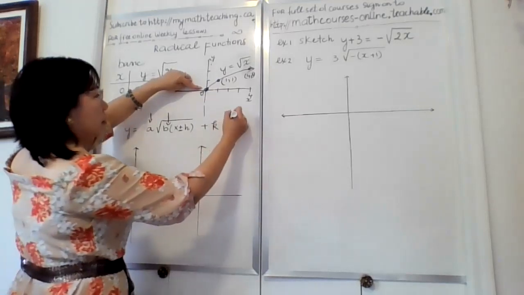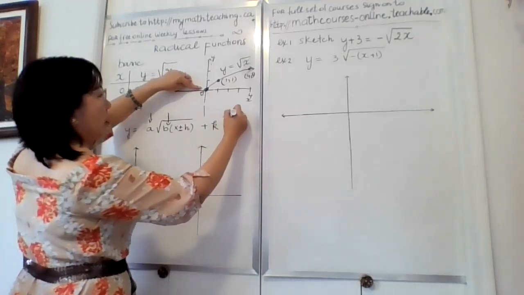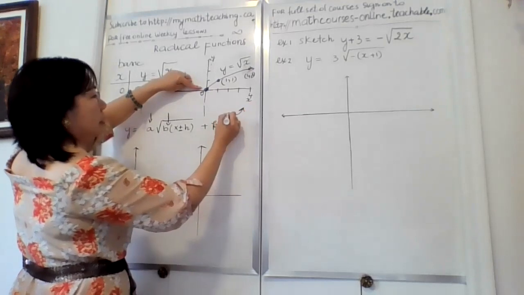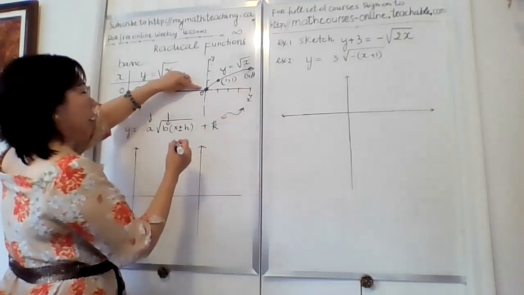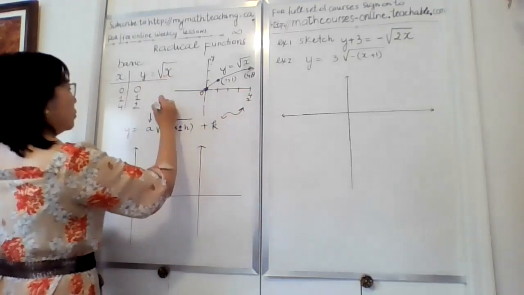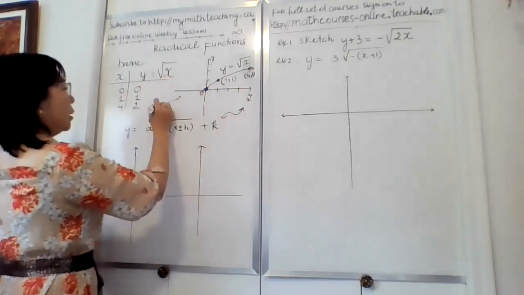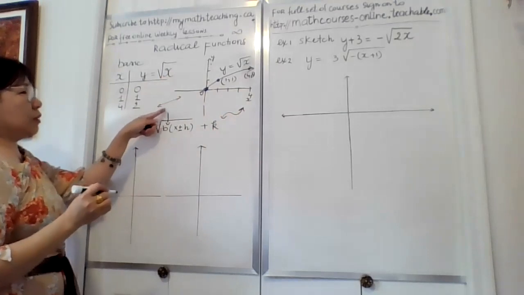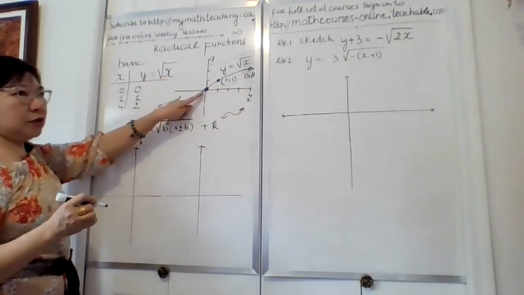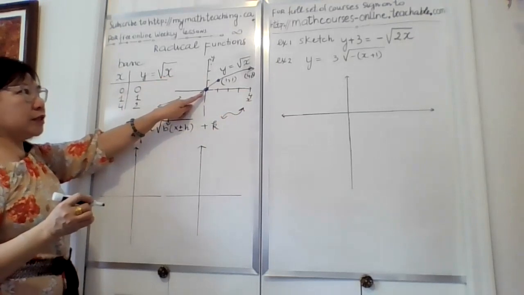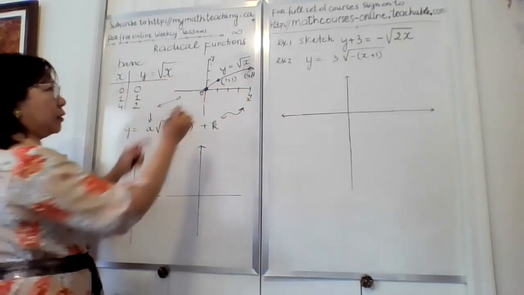Some functions might wrap on the way, like this, keep going this way and keep going this way. Or the linear function keeps going that way and keeps going this way. So they never have an end point. But in the radical function, we see the difference. We have the end point.